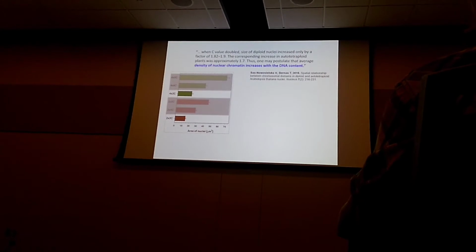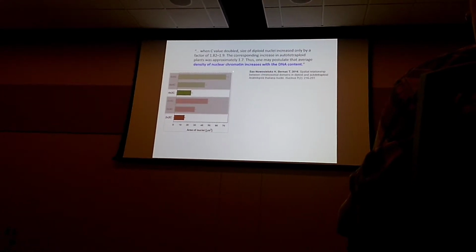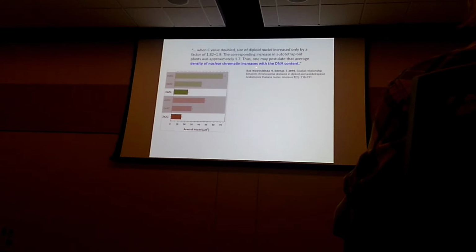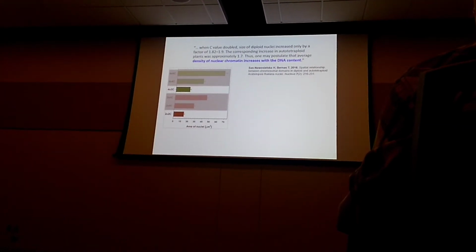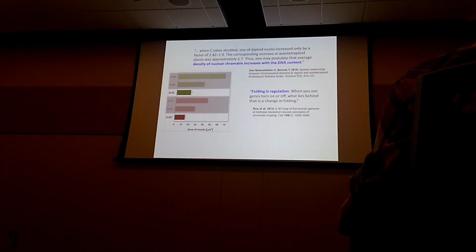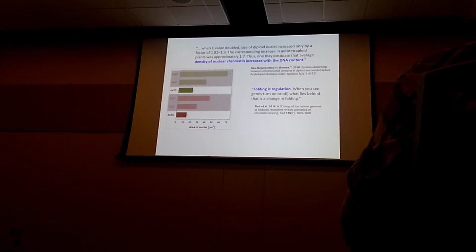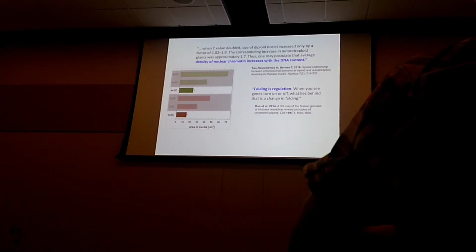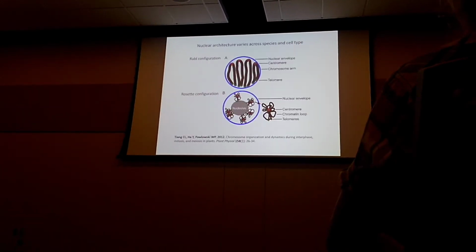We also know that you can change the density of chromatin, and this will have important consequences as well. There's a recent paper looking at the size of diploid and autopolyploid nuclei in Arabidopsis, concluding that the density of chromatin increases with DNA content. That has important consequences for folding, and folding is regulation, as it says here, so you can have effects on the transcriptome as well.